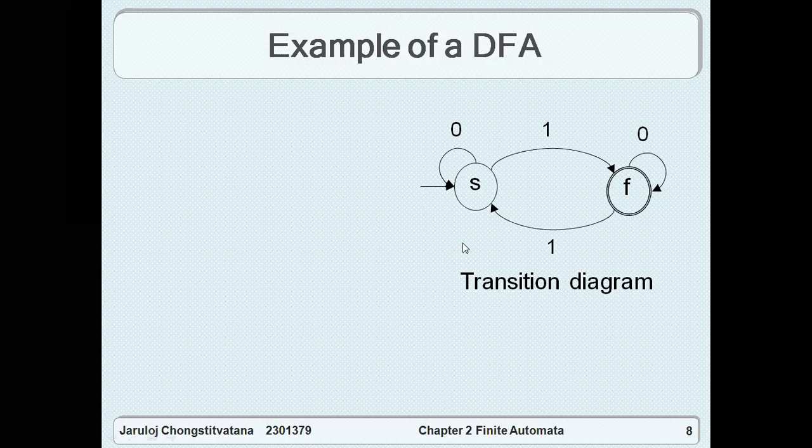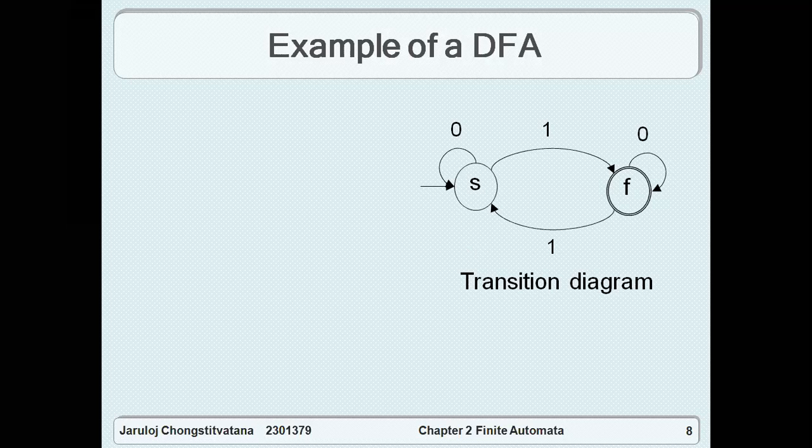So here is the example. What is the transition diagram? A transition diagram consists of some states and transitions. Before discussing this example of DFA, what are the elements of finite automata?